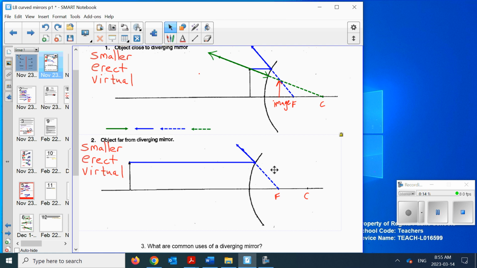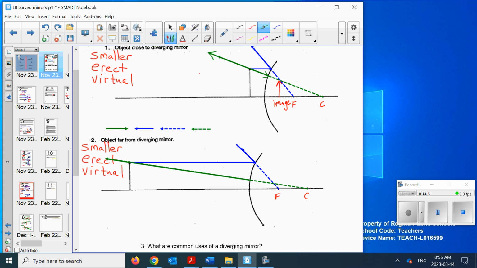Then the center rule. Shade in anything on the mirror side. And the center rule is perfect. You know that means it goes back on the mirror.